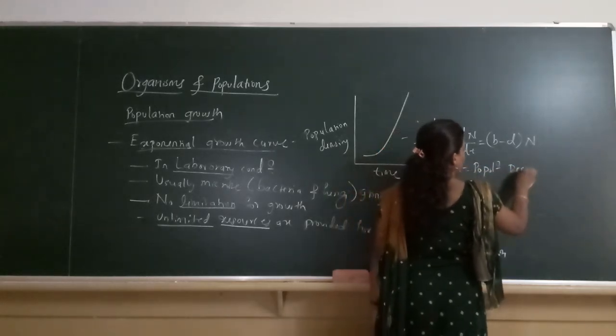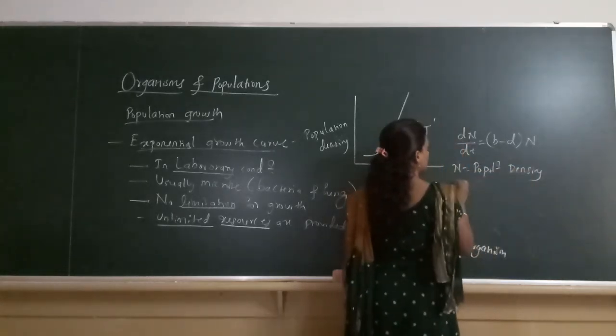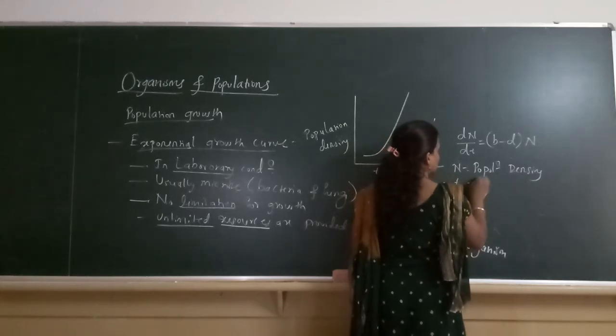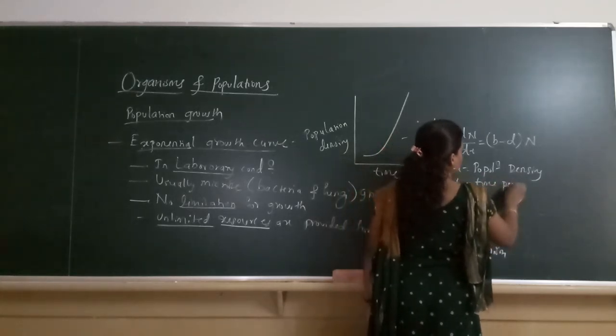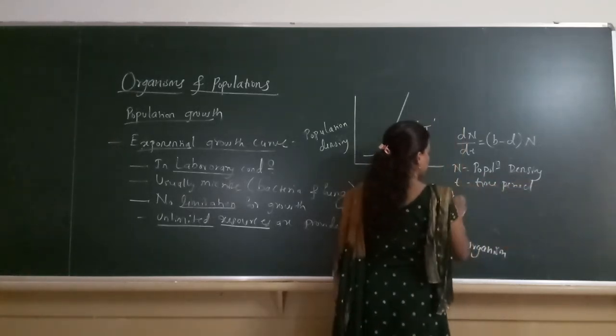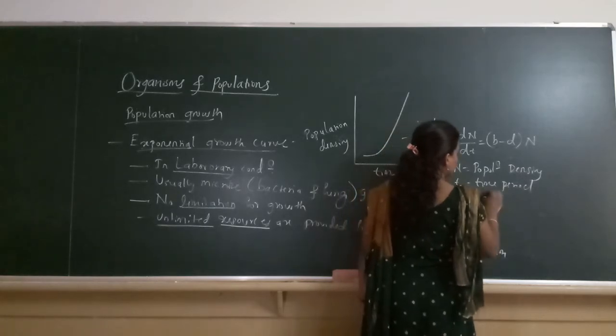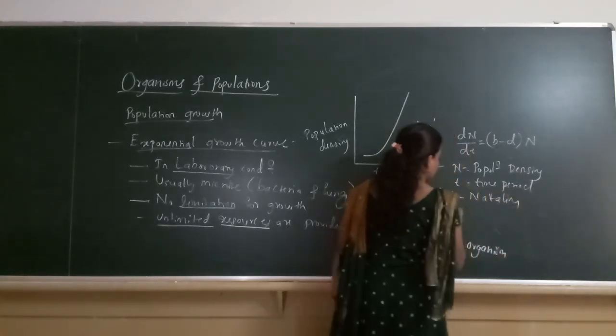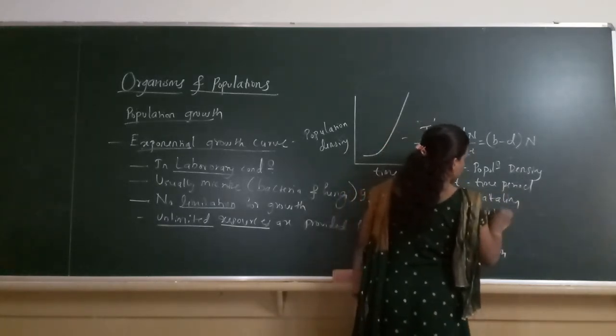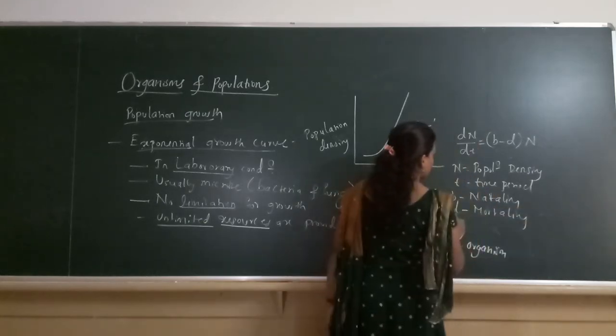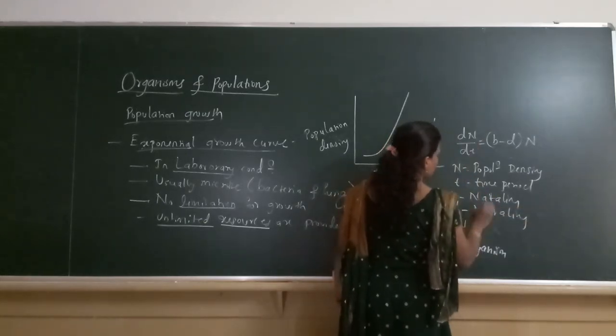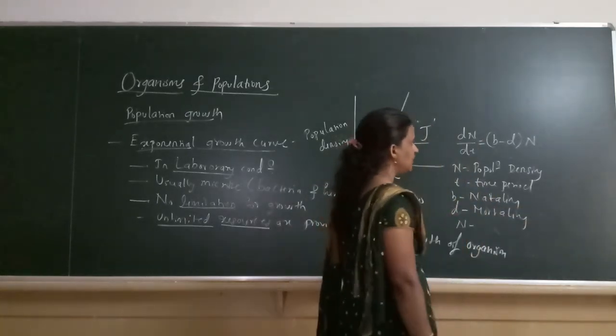Okay, n means population density. Okay, b means natality, d means mortality. Okay, and again n means here population size or population density.